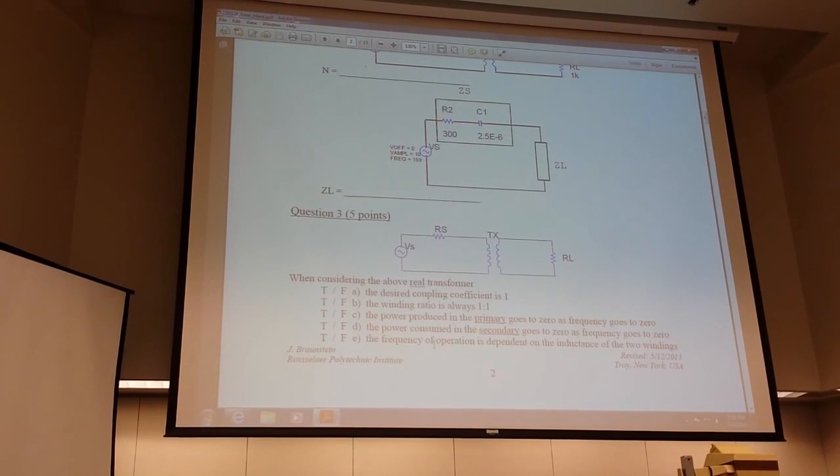The power produced in the primary goes to 0, in this particular case, talking about RS and RL, as frequency goes to 0. Is that true? So if this becomes a DC system, as frequency goes to 0, effectively frequency going to 0 does what to our T model?